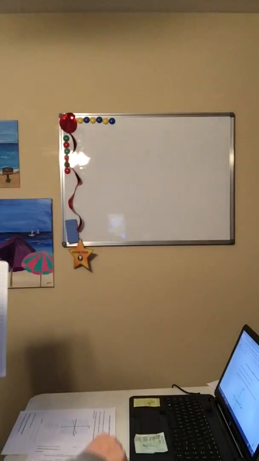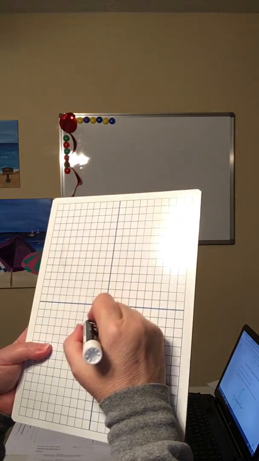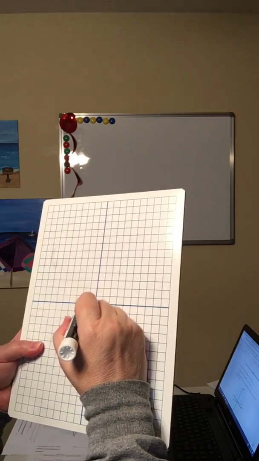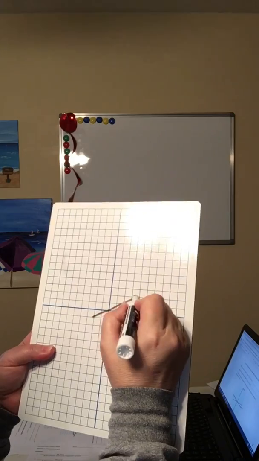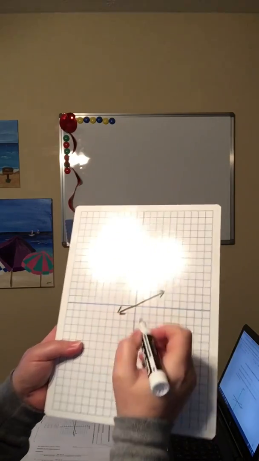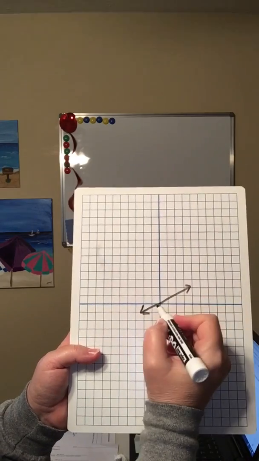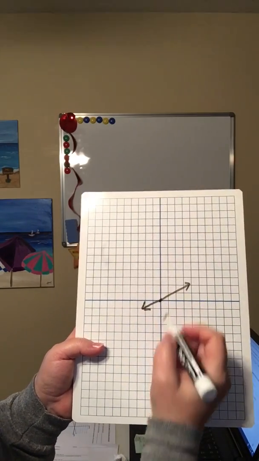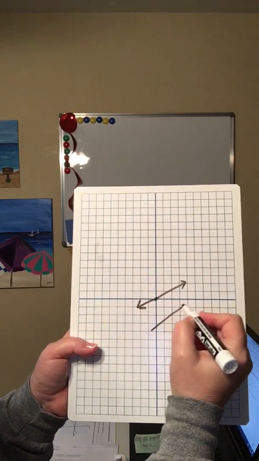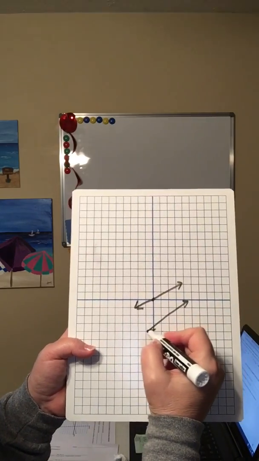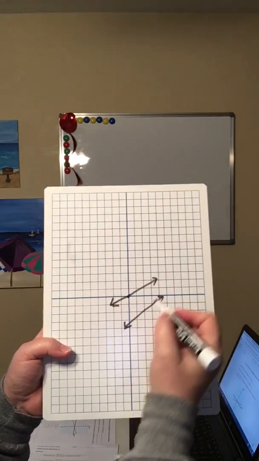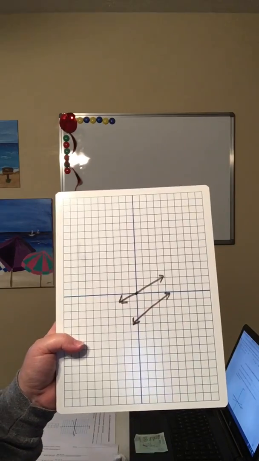Go backwards for just 1 second to whether it's showing a proportional relationship or not. This one does. It's a straight line. It goes through the origin. If you had that same line, but it was down here, that's not going to be proportional because though it's straight, it doesn't go through the origin.